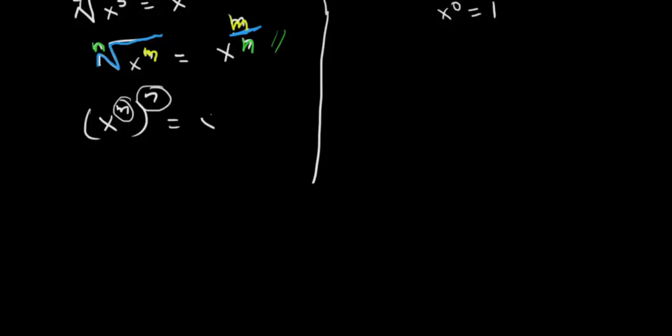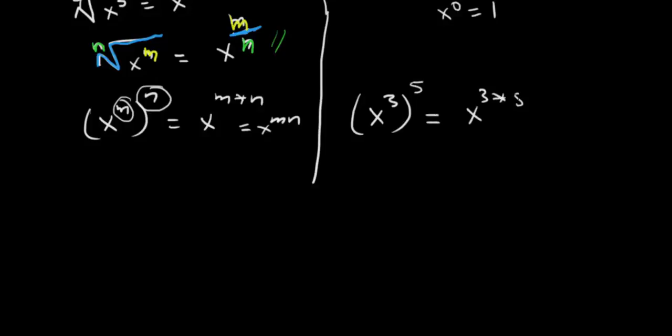Then in this case what we do is we write the base and multiply m and n, so this will give me the answer x to the power mn. The example will be something like x cubed to the power 5 will give me x to the power 3 times 5, that is x to the power 15. Now let's go and solve some problems.